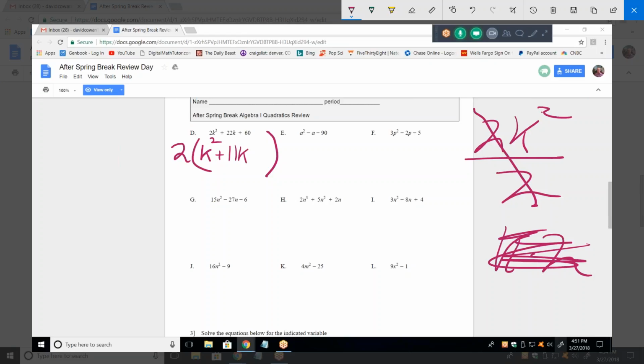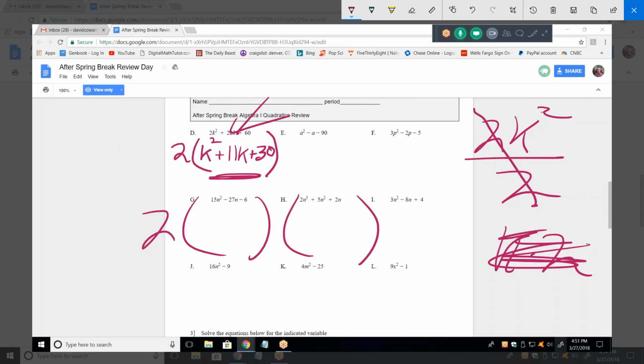It's positive 30. Now notice what we're looking at. If I look at just that part of the quadratic, that's exactly the same as an elementary one. In other words, I can do this quadratic factoring exactly the way I did A, B, and C. So let's do it.